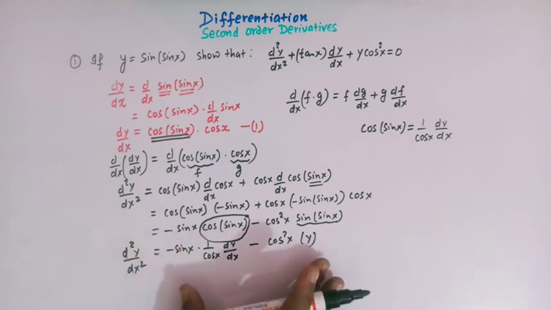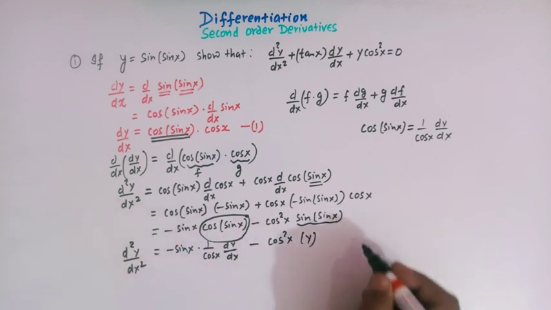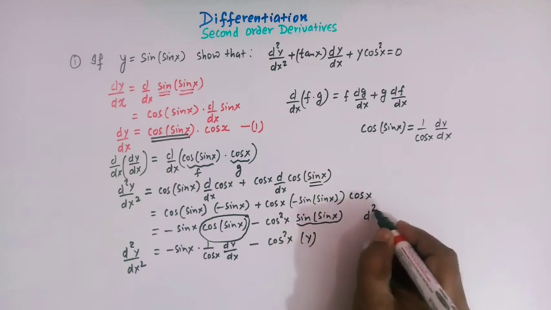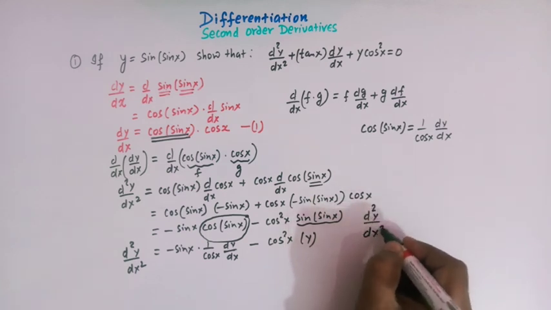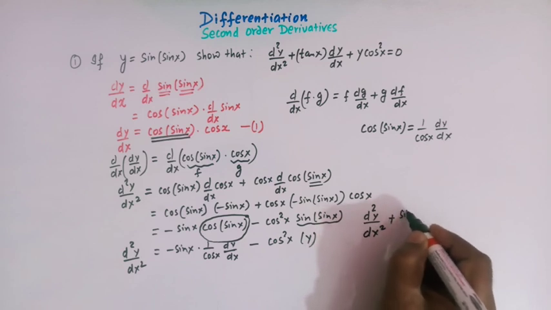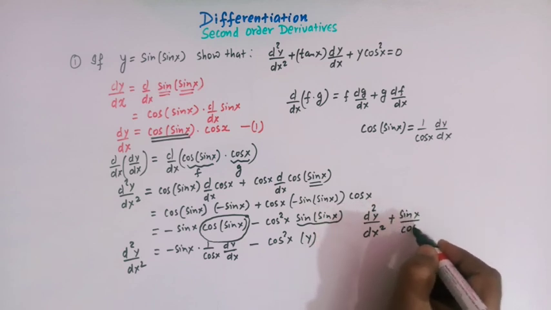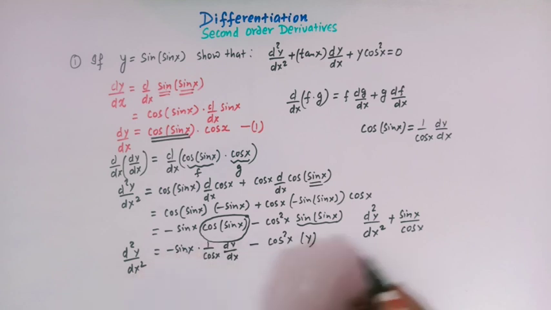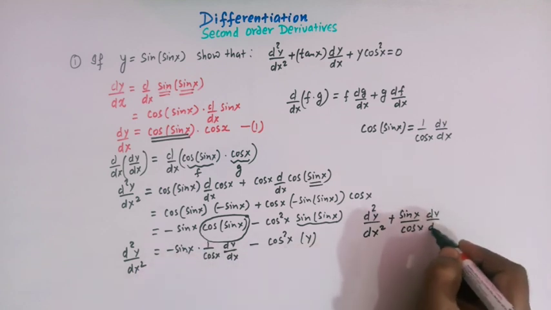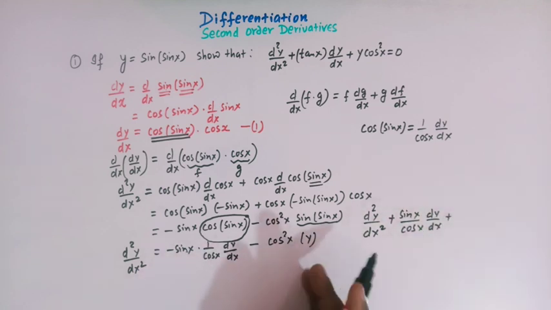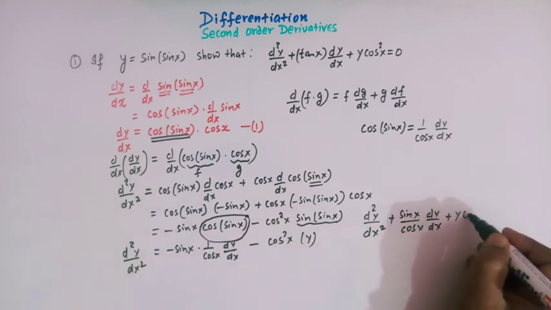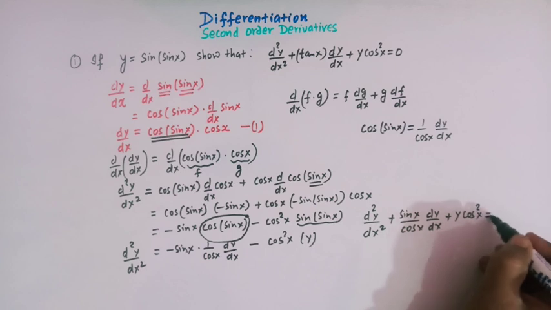Now we can take all these terms to this side. So we have d2y over dx2 plus sine x over cos x times dy over dx, and then we can take this term also to this side, so plus y times cos square x equal to 0.